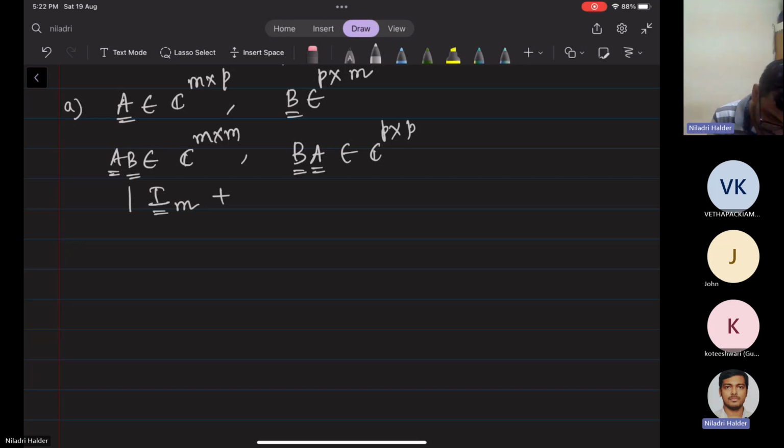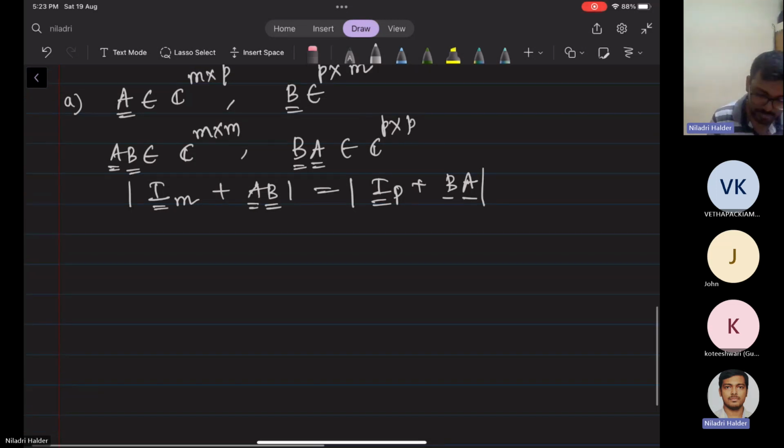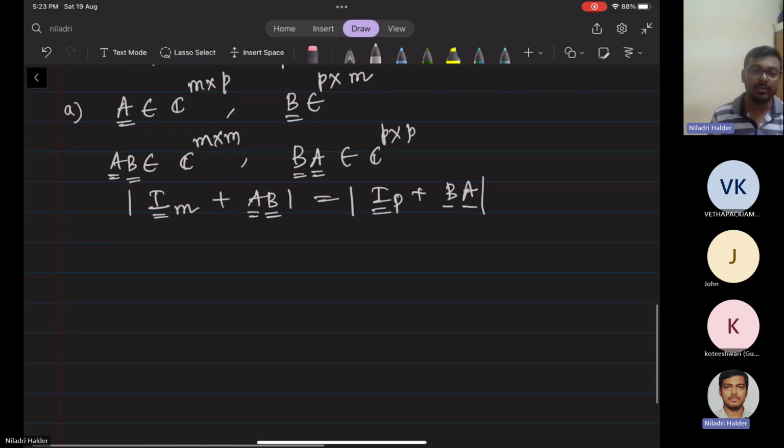The determinant of I plus AB is the same as the determinant of I plus BA. These two determinants are the same. He proved it using a similarity transform maybe, and it can also be proved by the normal determinant formula.